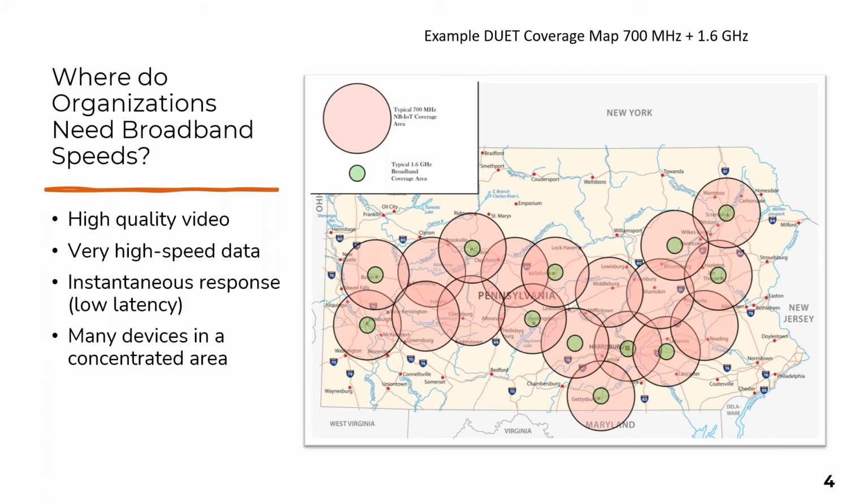That may not be adequate for particular applications. So if there are locations where you need to provide broadband services for the reasons mentioned on the left or that I mentioned before, so high-speed video, very high-speed data, lots and lots of devices in a concentrated area, these are places where you just need more capacity and lower latency.